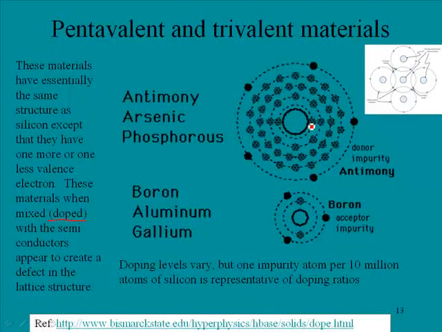Now if we mix this pentavalent material in there, there's going to be an extra one. And if we mix this material in there, there would be 7. Some examples here: pentavalent, antimony, arsenic, phosphorus, and trivalent, boron, aluminum, and gallium.